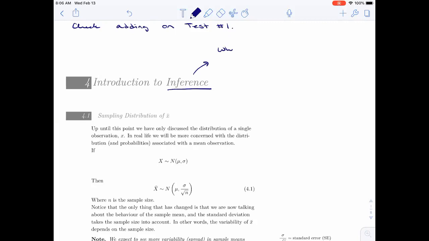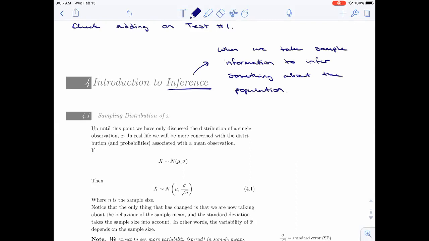So when we take sample information to infer something about the population, that's inference, and there's going to be kind of two main streams of inference that we'll look at.